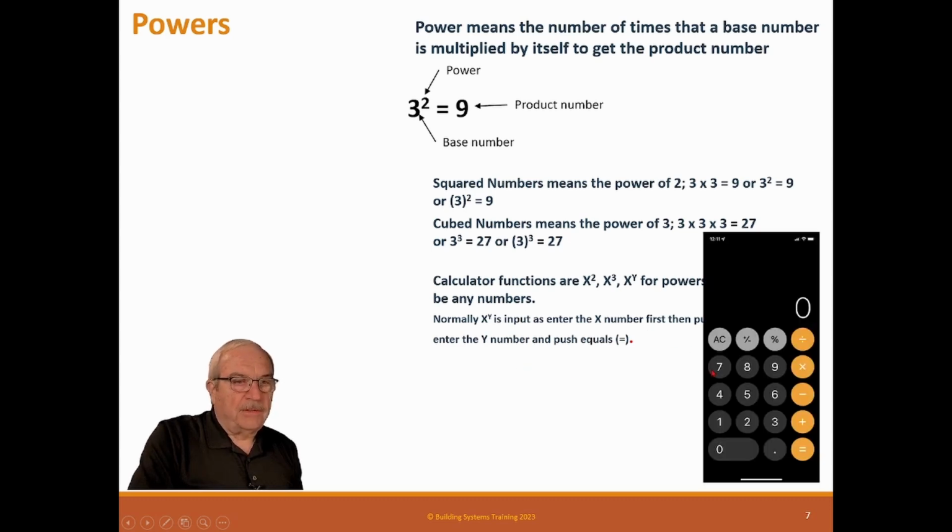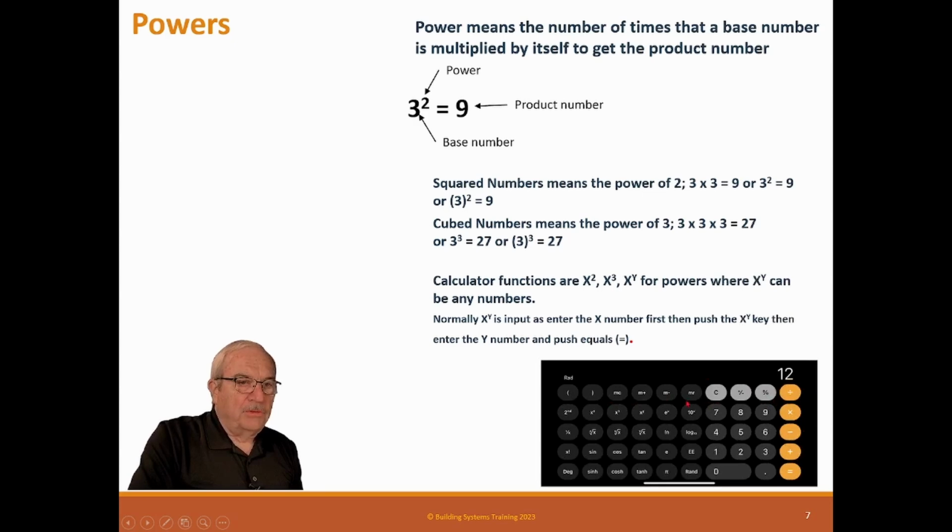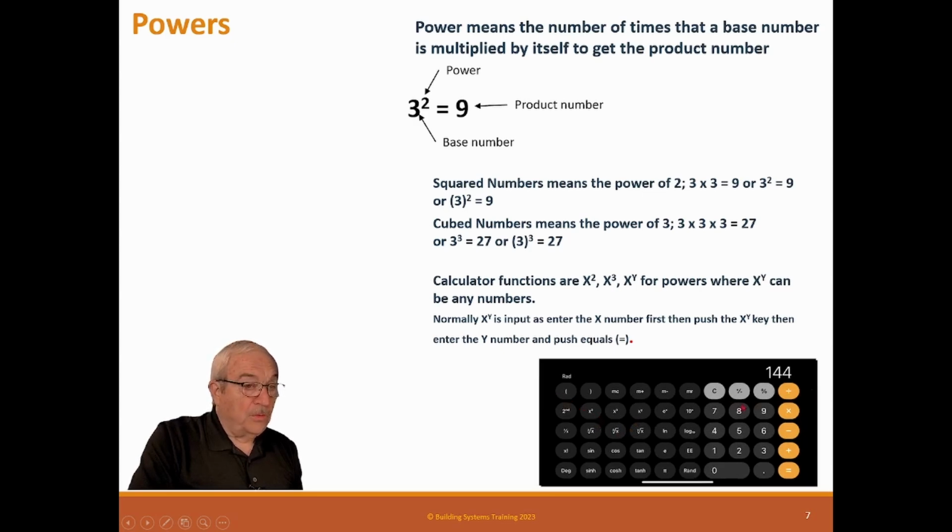So here's my calculator in its standard position. And when you move it over, you get all these functions. So if I take the number 12, and then I push the x squared key, I get the answer, which is 144. 12 squared, 12 times 12, is 144.